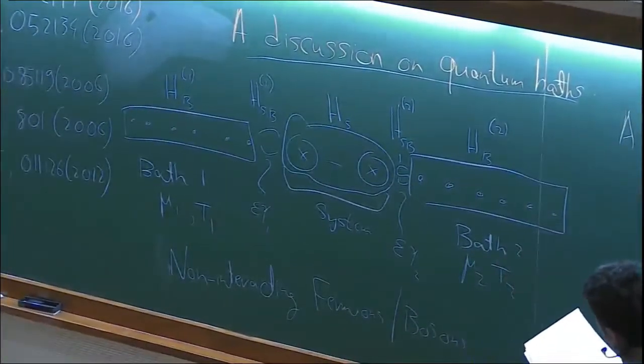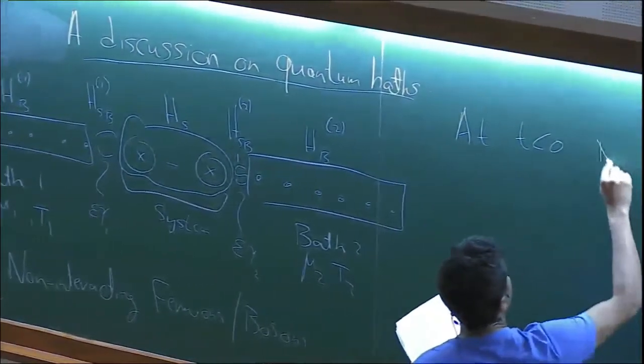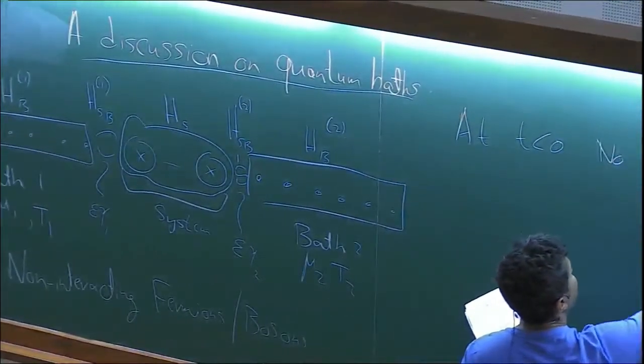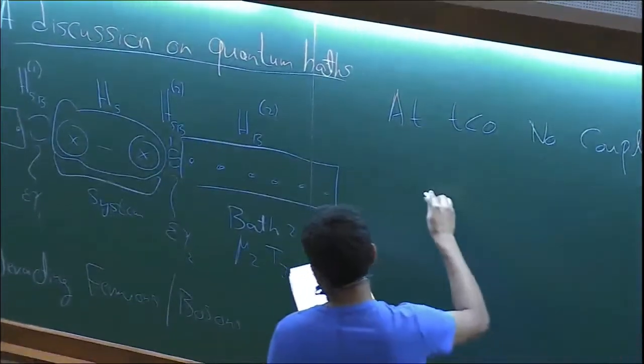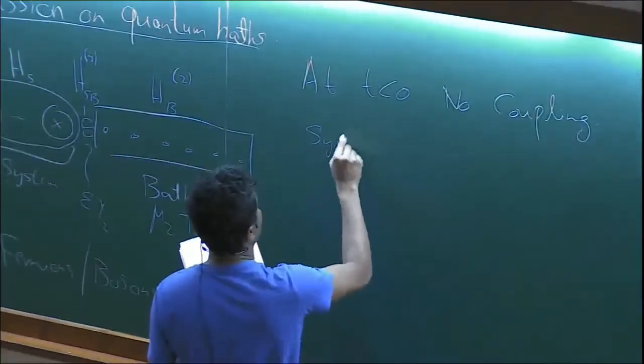So now what we do is, at t less than 0, there's no coupling, and the system is in an arbitrary state.